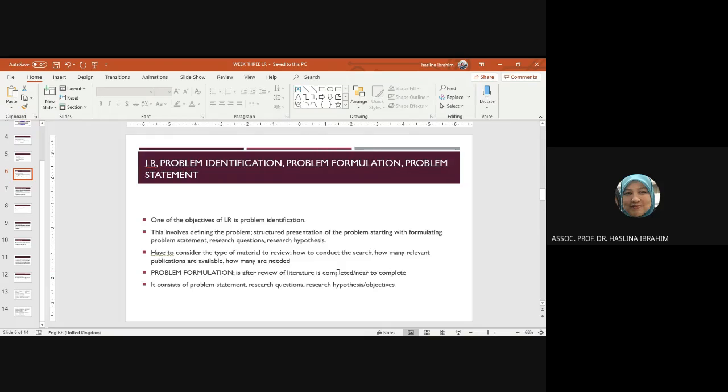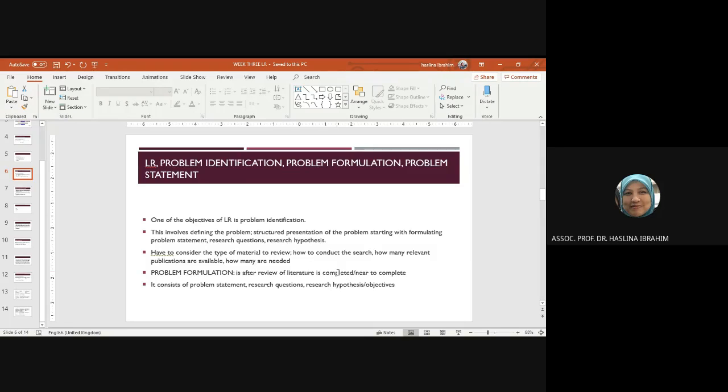So, of course, when you develop the research questions and the research objectives, you will have lists of research questions, lists of research objectives. In the practice of our kuliah, the research objectives should reflect the research questions, and the research questions should reflect the research objectives.